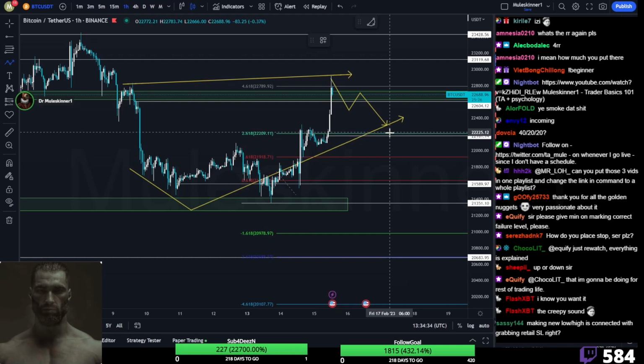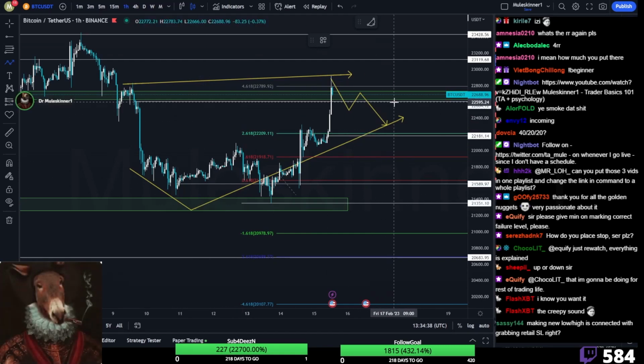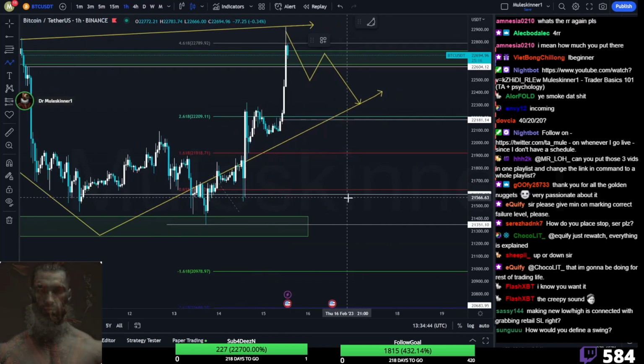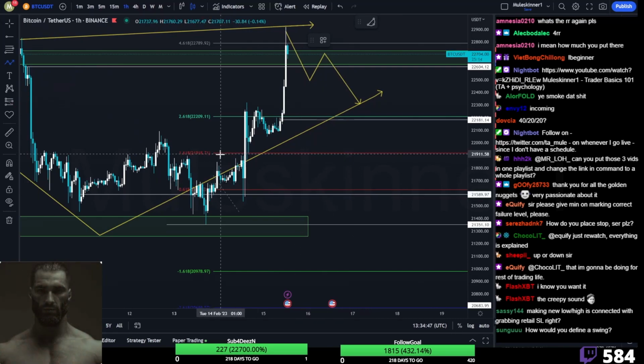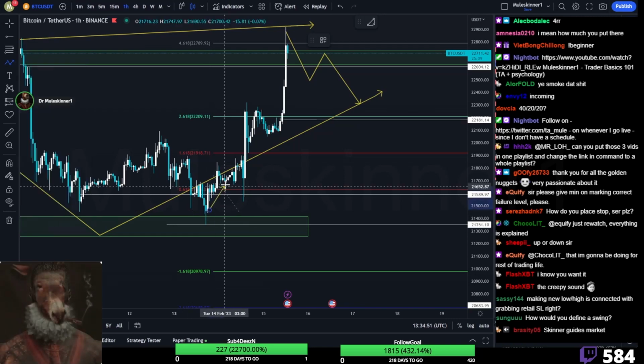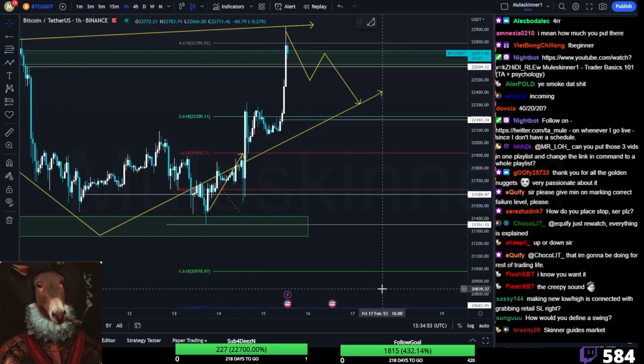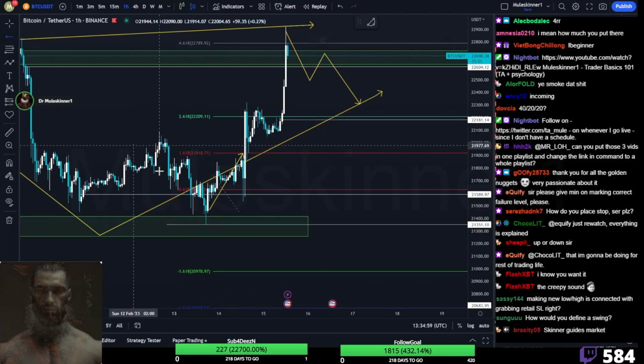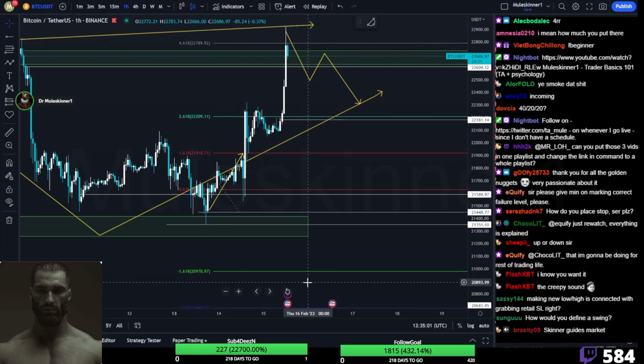Where my arrow ends, the same way my arrow ended here on the 4. Now, how do you define a swing? A swing, in other words, is the start of a move up. Now, it can't be the low of it. It can only be the high low of it, which is why it's this level.